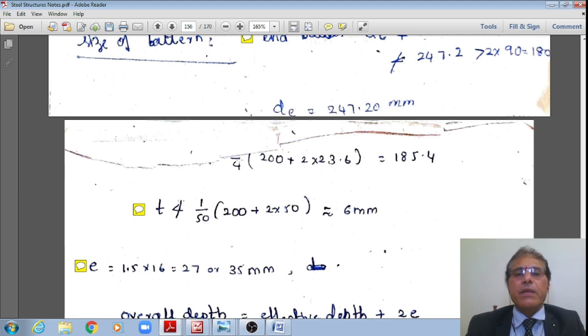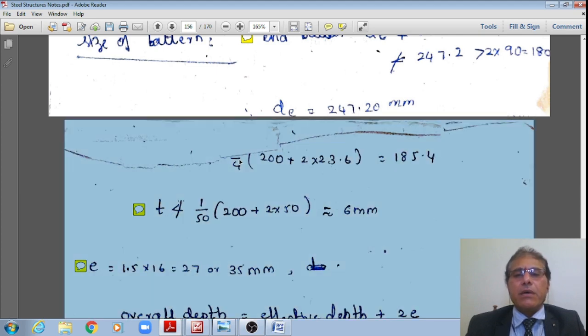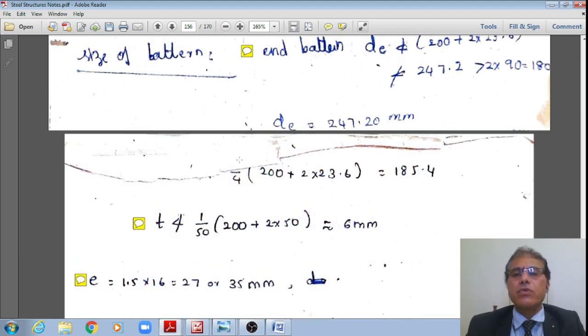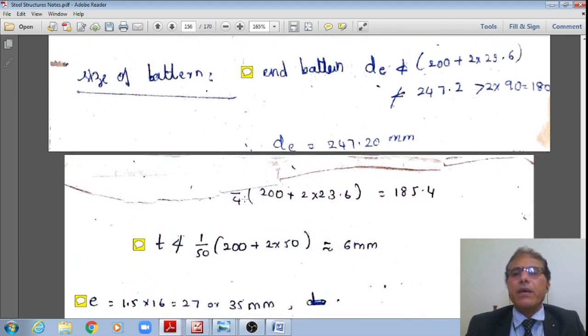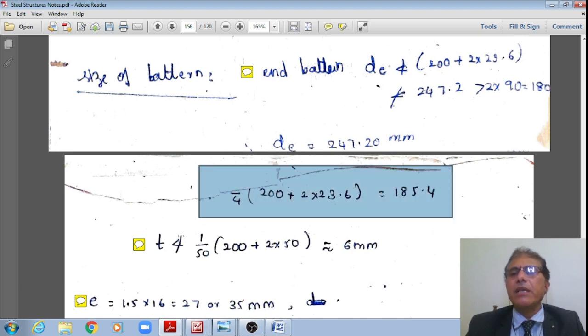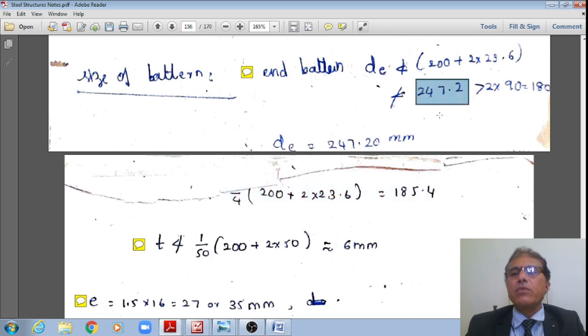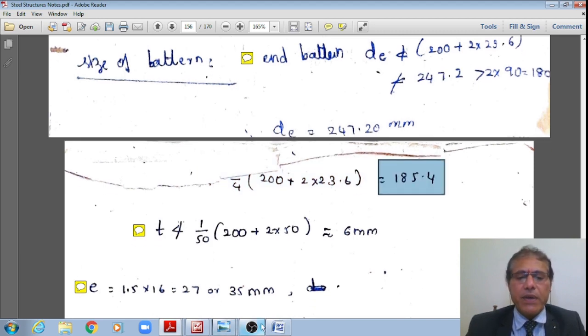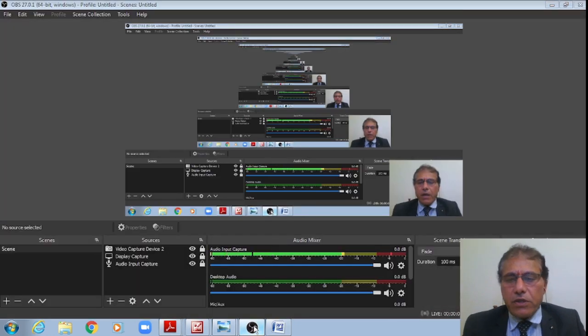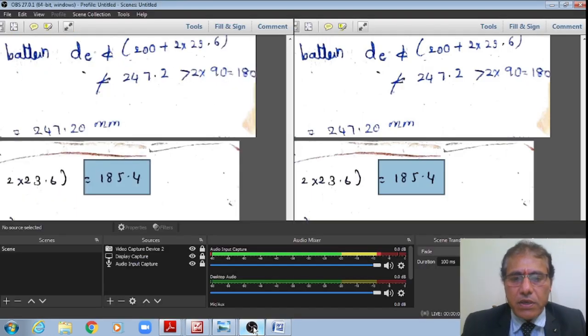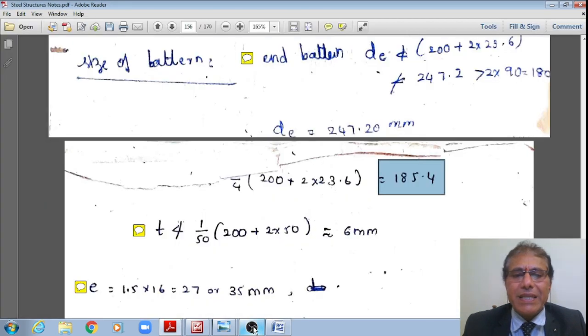Coming to the intermediate batten, the effective depth should be 3/4 of this distance, that is 3/4 multiplied by 247.2. It now works out to 185.4.